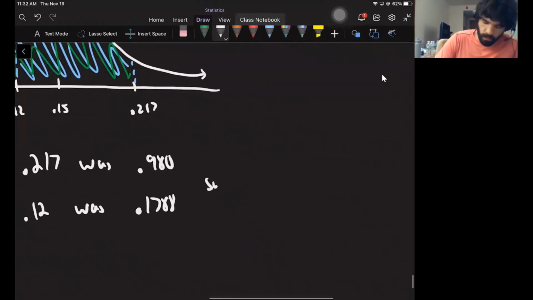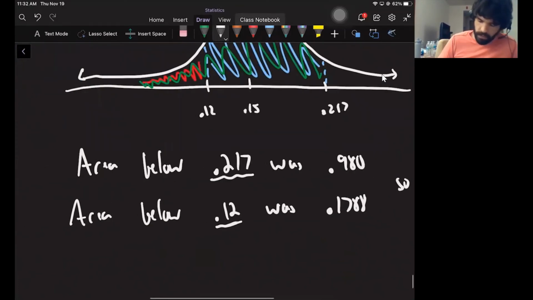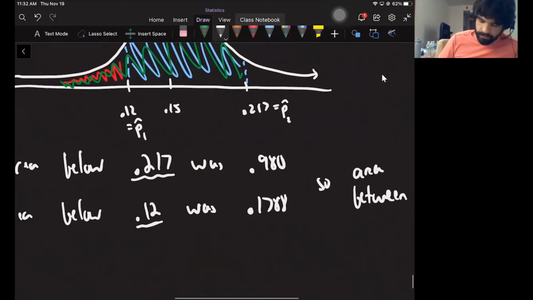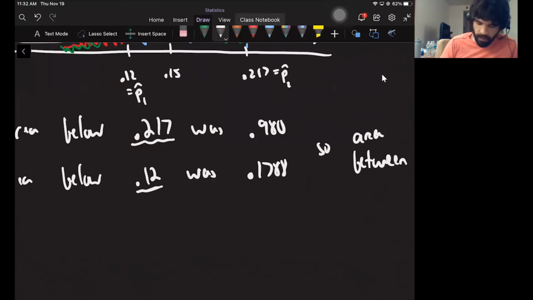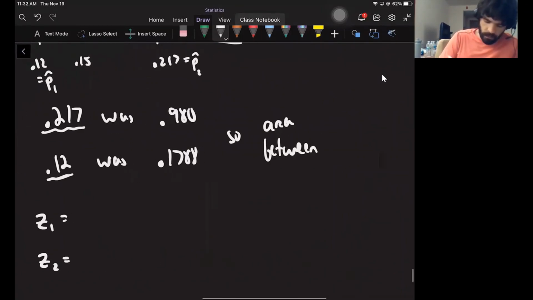So now the area in blue between these two sample proportions, you could think of this as two p hats, p1, p2, and we already found all the z-score stuff earlier in the earlier parts of this problem, and then we just turn them into areas to the left.